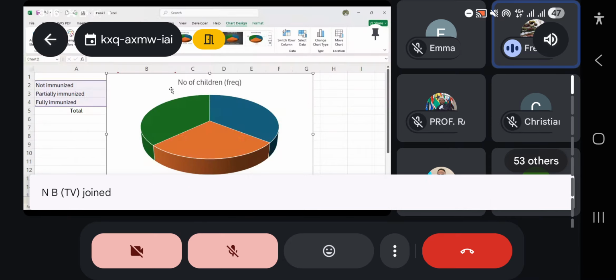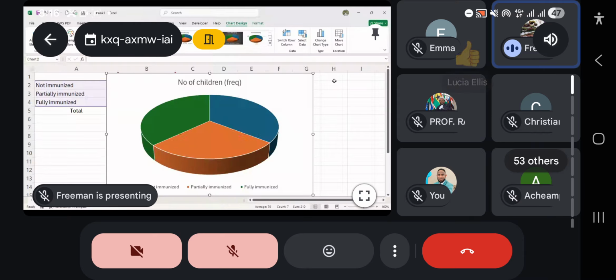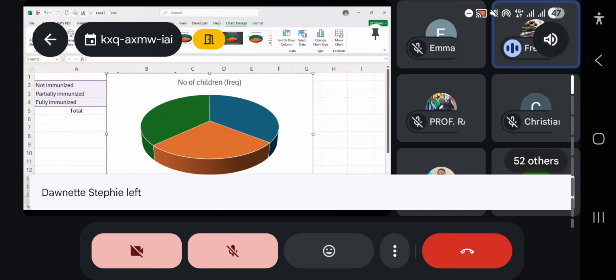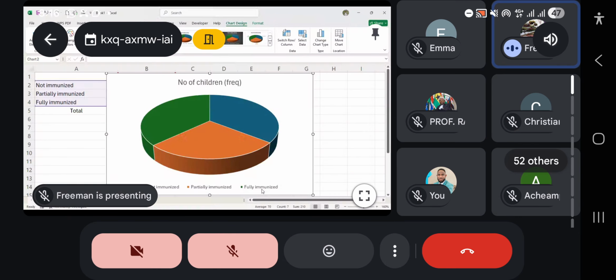So you can see your pie chart beautifully drawn, where the green color represents fully immunized, this one partially immunized, and here not immunized.